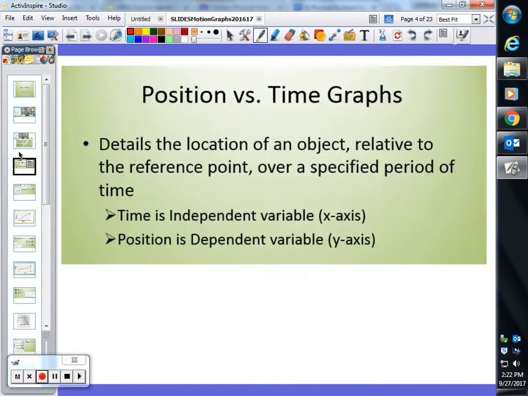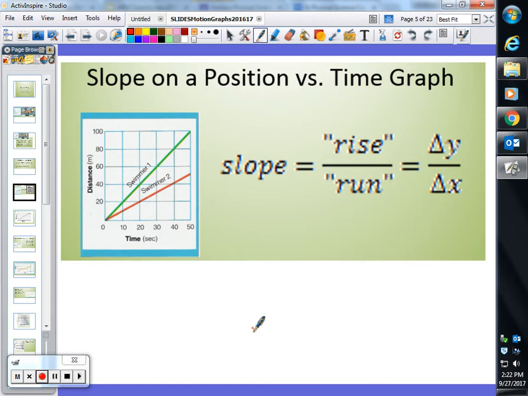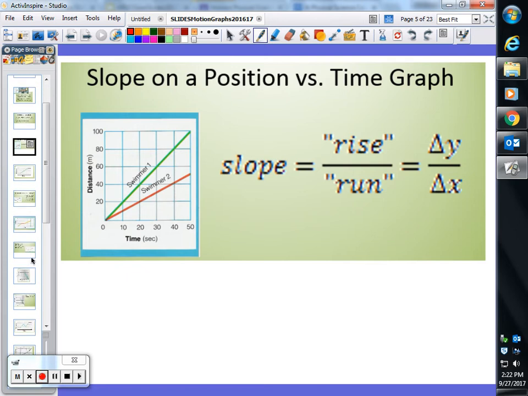We talked about rise over run, and that's meters over seconds, and so on, right? Yesterday we talked about different types of graphs related to constant velocity motion and accelerated motion.